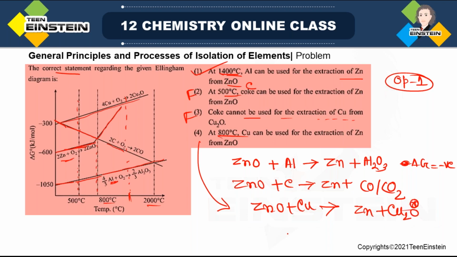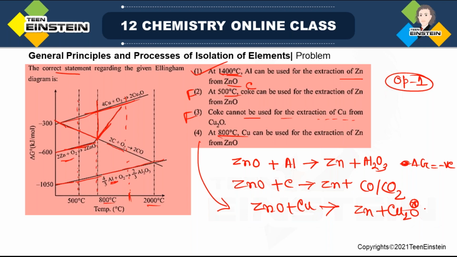Now is this reaction possible? See here at 800 degrees centigrade, the line for copper is this and the line for Zn is here at this temperature. So here the line is much below that of copper.